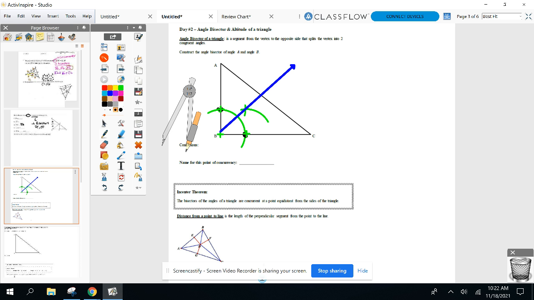Once you get that done, see if you can do angle A on your own. Turn your papers if it helps. Angle B and angle A, I need angle bisectors.